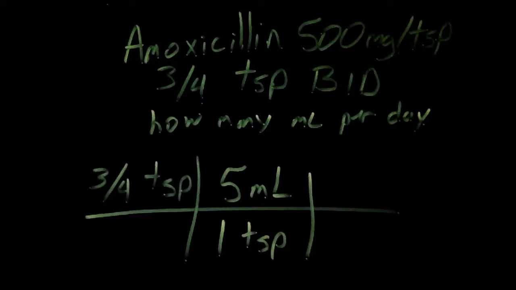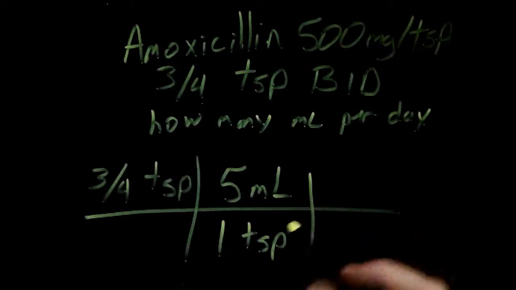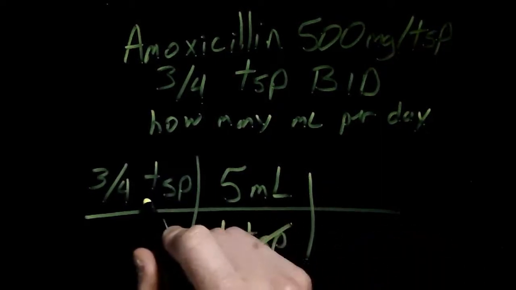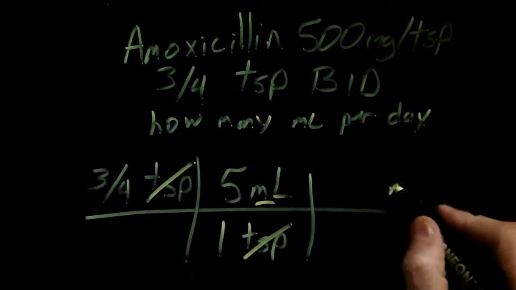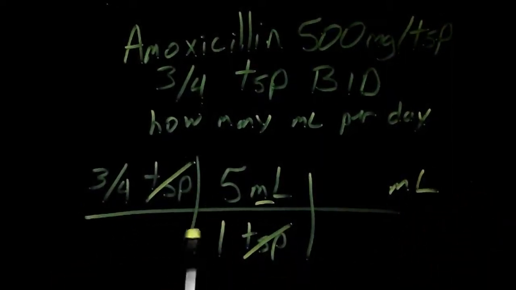Simple enough, correct? So all I need to do is multiply across and cancel out my common units. My units that are common are teaspoons, and all I have left is milliliters as my label, and then I can multiply 3/4 times 5.